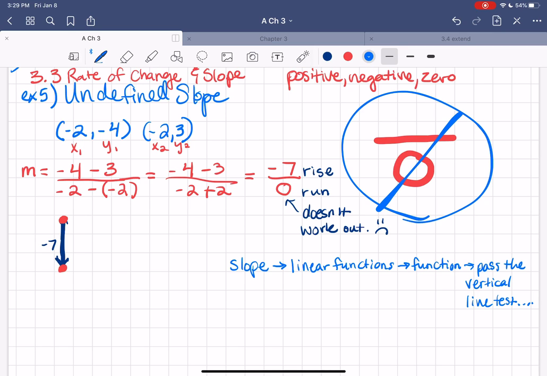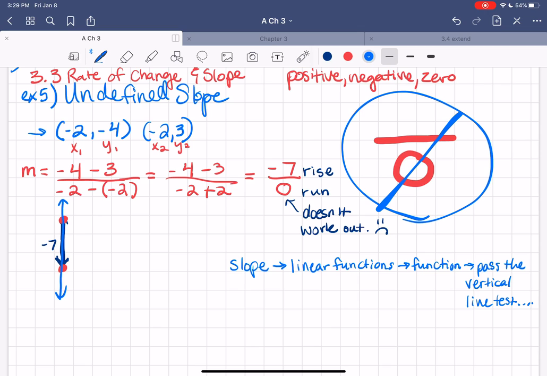Well, here's the problem. These 2 points, what connects them is a vertical line. And you're going to have the same thing if you were to graph the -2, -4, and -2, 3 that's up there. You're going to get vertical lines, and that's what gives you those undefined slopes.